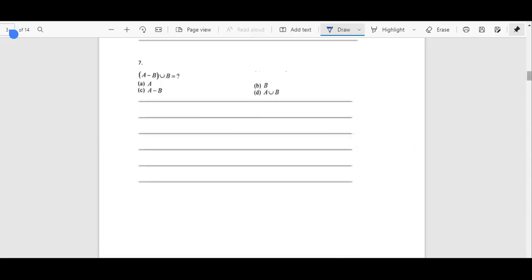Now let's talk about the seventh question. Here we have A minus B union B. A and B are two sets, and A minus B means I am going to take out the contents of B that are in A from A, right?